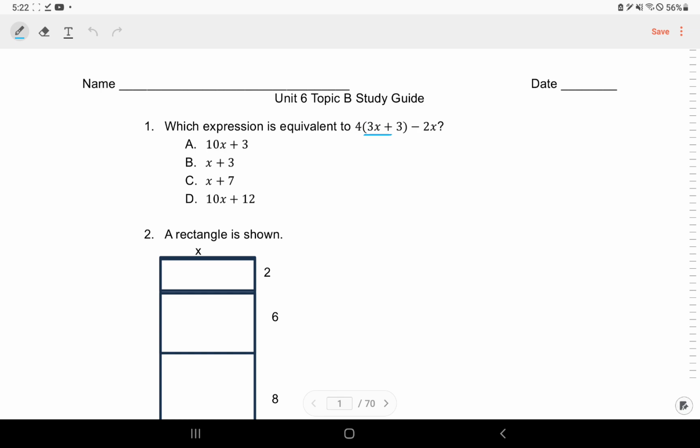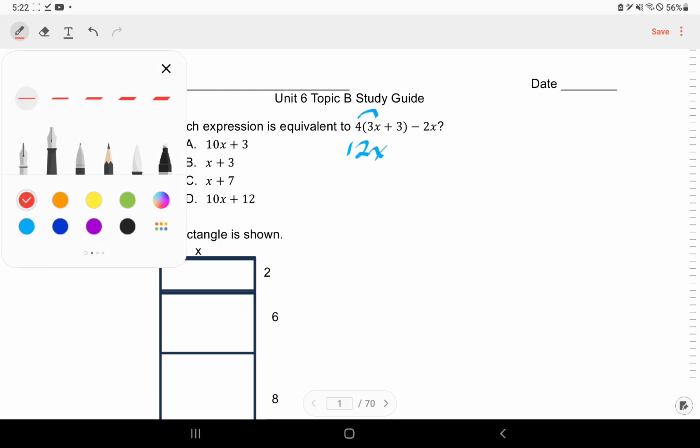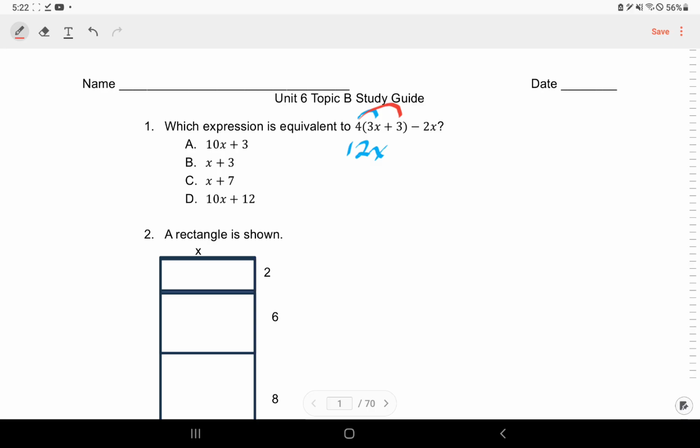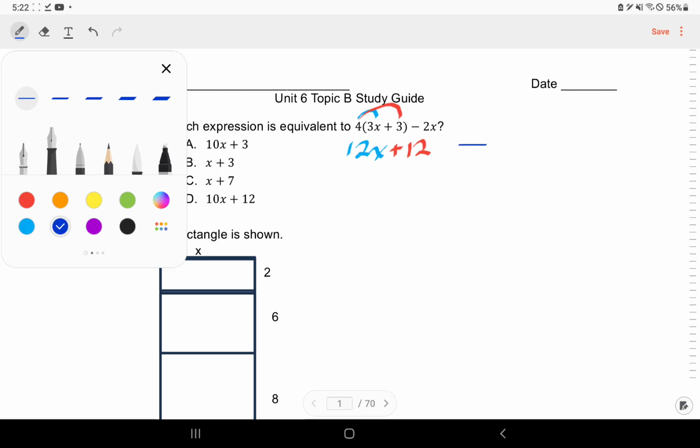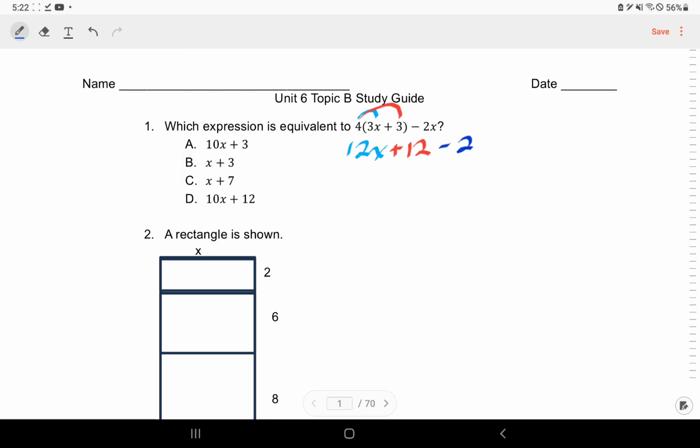So, we've got 4 times 3x plus 3 minus 2x. So which one of these is equal to it? Well, 4 times 3x is 12x. 4 times 3 is 12. And we just bring down the minus 2x.